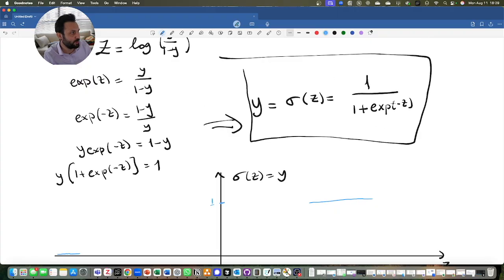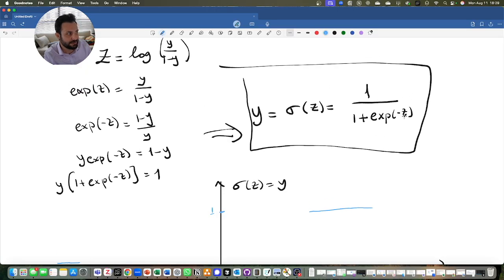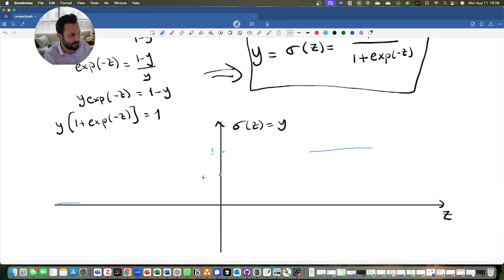And if I put 0 for Z, it becomes 1 over 1 plus 1, so it's 0.5, right? 1 over 2. So I know I'm talking about a shape that goes from negative infinity, goes through 0.5, and then makes this shape. So then I am talking about a probability.